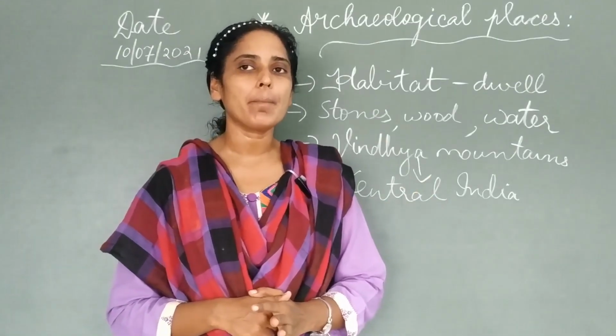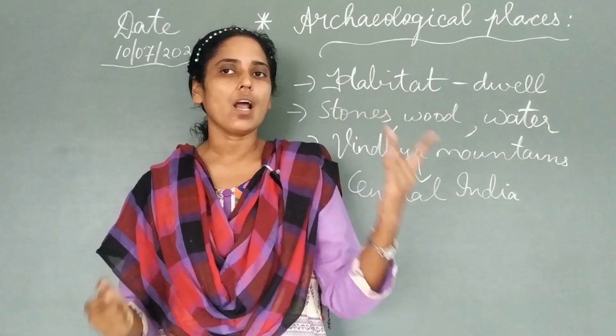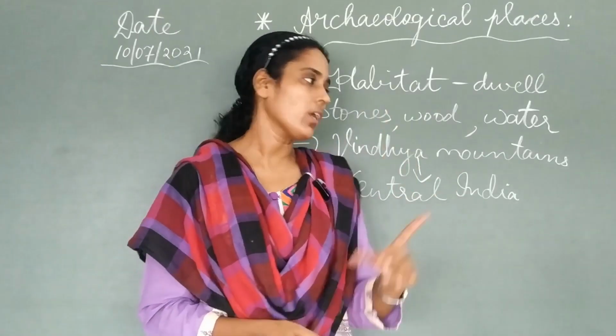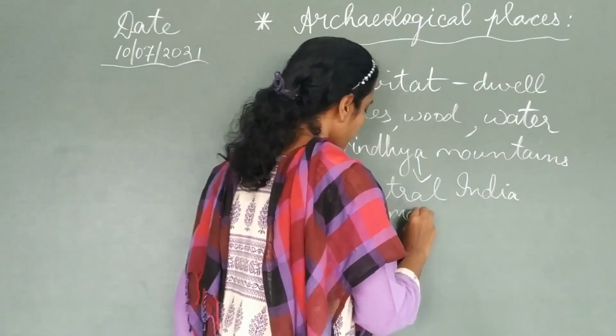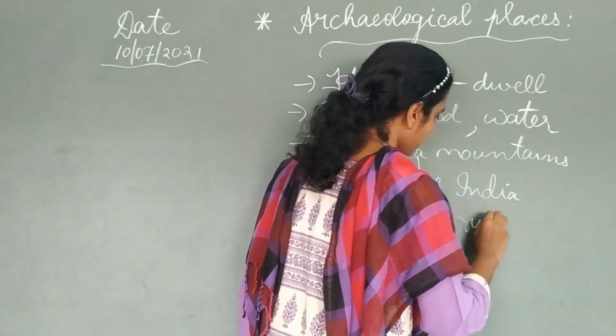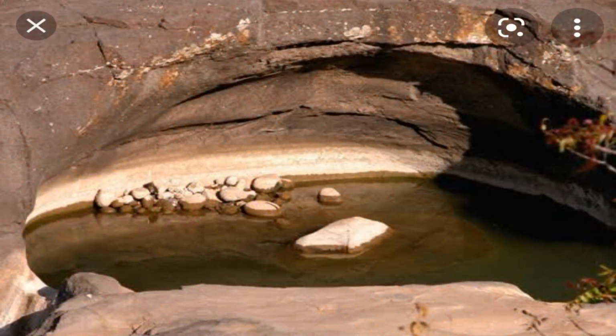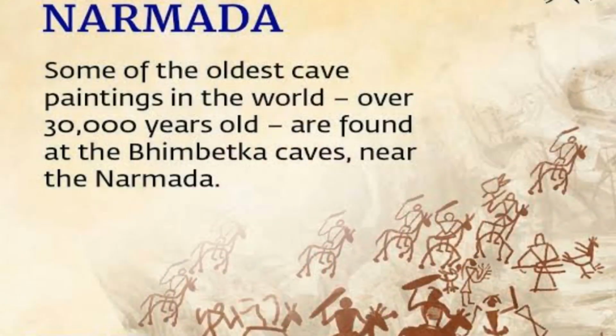Then you can see the example of places around the Narmada river. These are the remains found by archaeologists. Okay. Then example is given for Bhimbetka, that is in Madhya Pradesh.